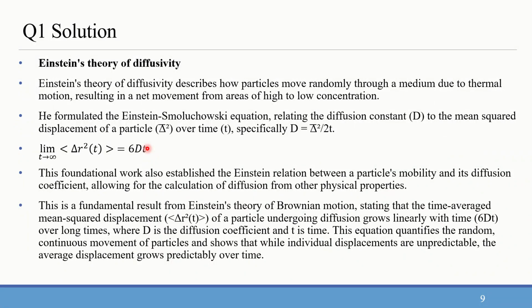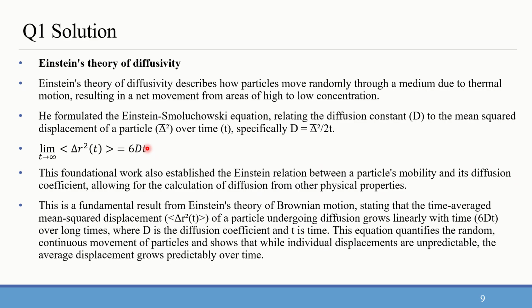That is 6 into D into t over long times, where D is the diffusion coefficient and t is time. This equation quantifies the random continuous movement of particles and shows that while individual displacements are unpredictable, the average displacement grows predictably over time. So that is Einstein's theory of diffusivity.